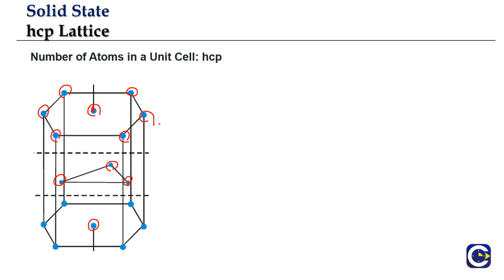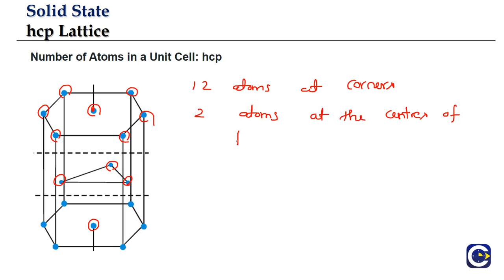So what is the overall arrangement? If you see it, we'll have totally 12 corners, so there will be 12 atoms at the corners, and 2 atoms at the centers of the hexagonal planes, and 3 atoms in the body.